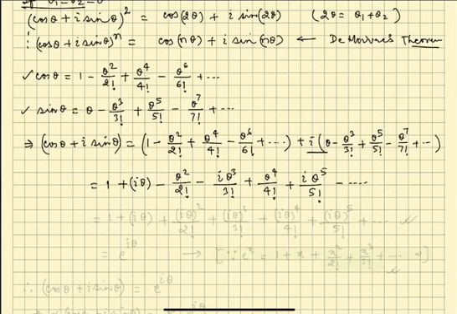So what can I say about this? 1 plus i theta plus (i theta) whole squared by factorial 2 plus (i theta) whole cubed by factorial 3 plus (i theta) whole to the power 4 by factorial 4 and (i theta) whole to the power 5 by factorial 5 and so on, right?